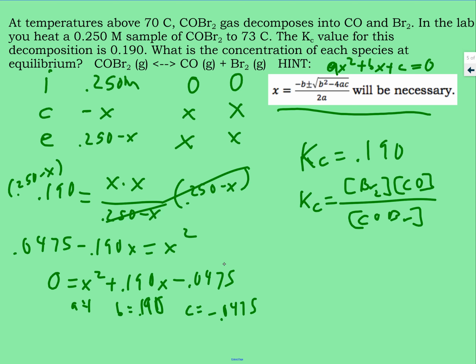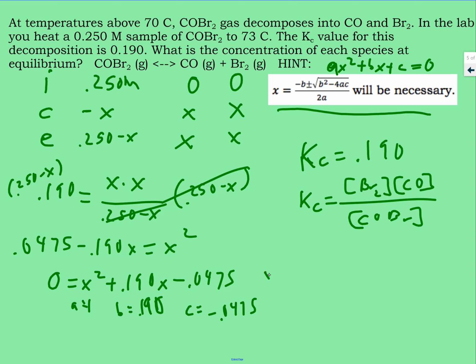So I'm going to take negative 0.190, I'm going to do the plus first, plus the square root of 0.190 squared minus 4 times 1 times negative 0.0475. Hit enter, and then I might divide by, inside the parentheses, well, it's 1, so divide by 2.